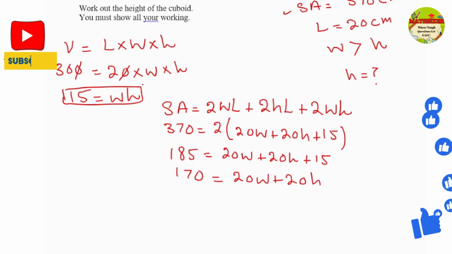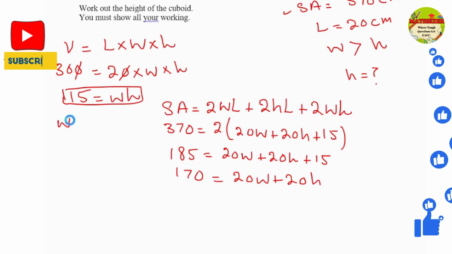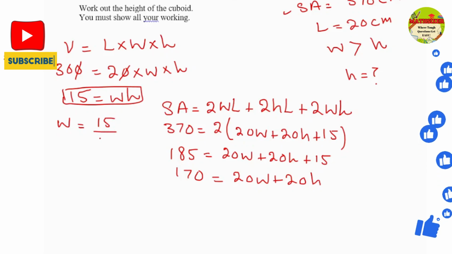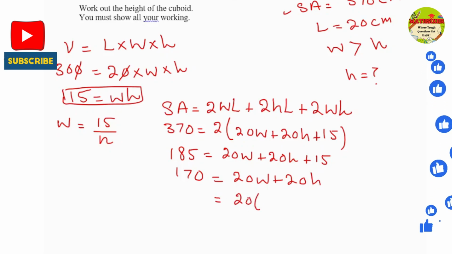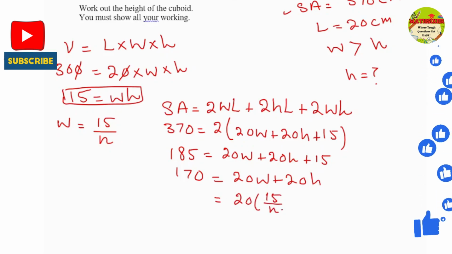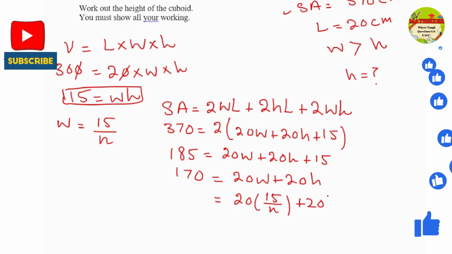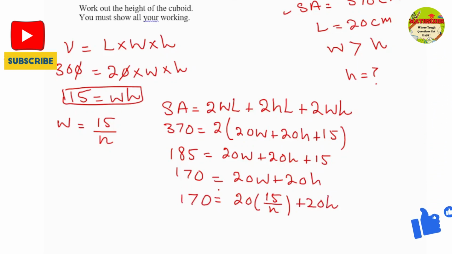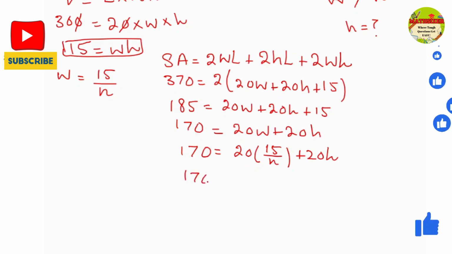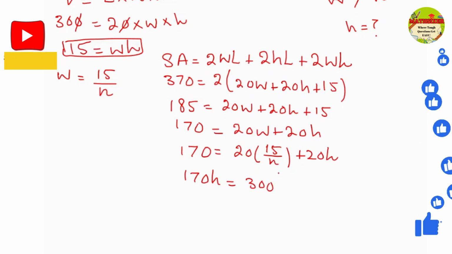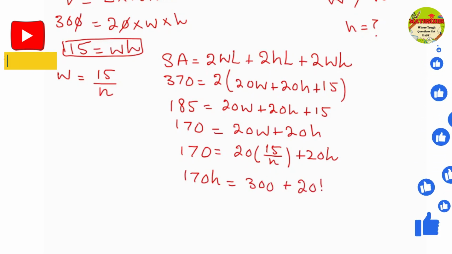Okay, now we're going to use one of the equations. We're looking for height, so let's make W equal to 15 over H. We're going to use this equation here: 20 times, and the W value is 15 over height, plus 20H is equal to 170. Okay, what's the next step? We're going to multiply everything by H, so we will get 170H, and 20 times 15 is 300, and H is cancelled out, and 20H squared.